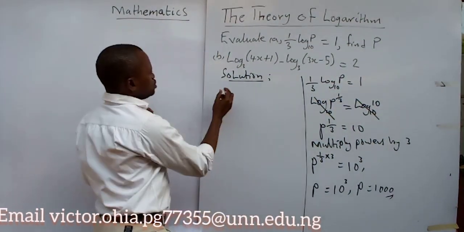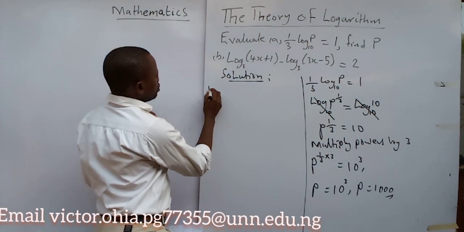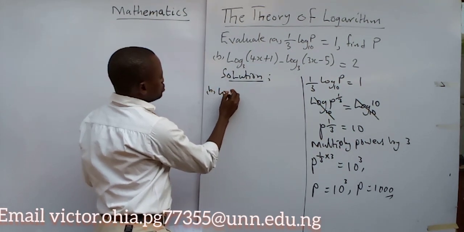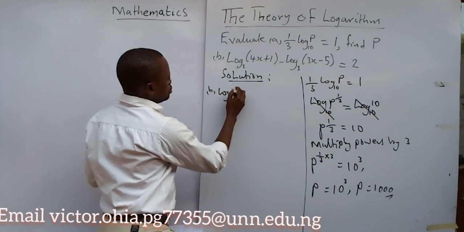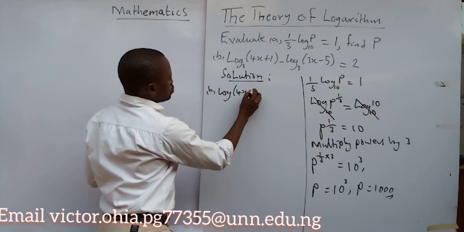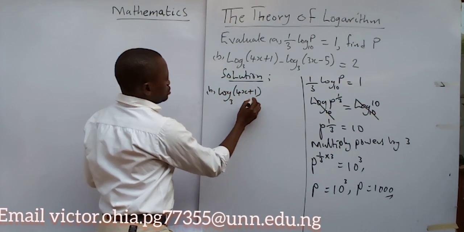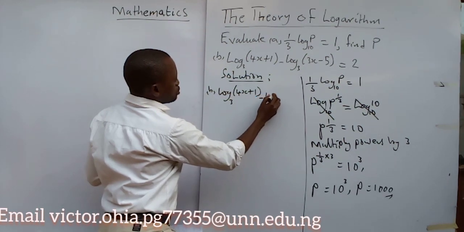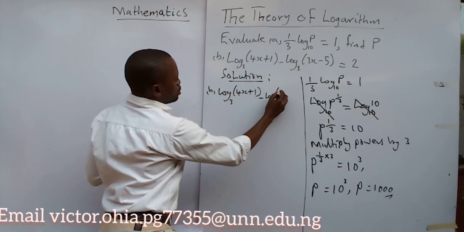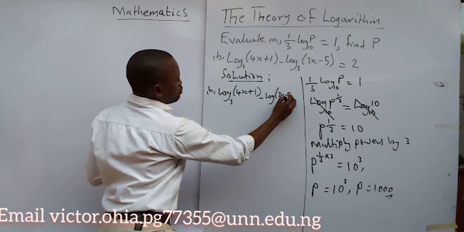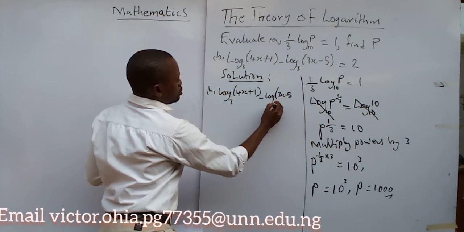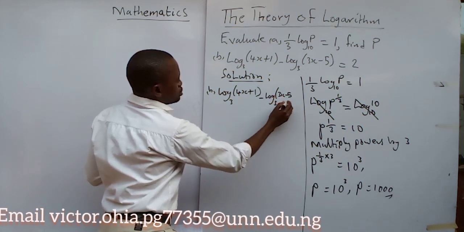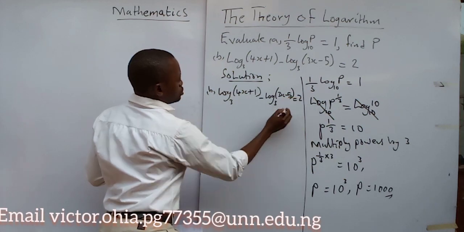All right, the next question says we have log of (4x + 1) in base 3 minus log of (3x - 5), still in base 3, equals 2.